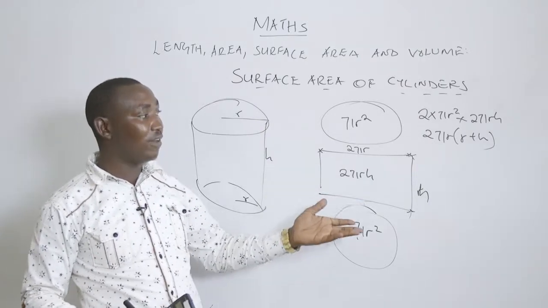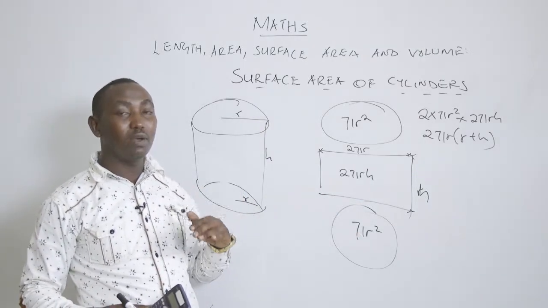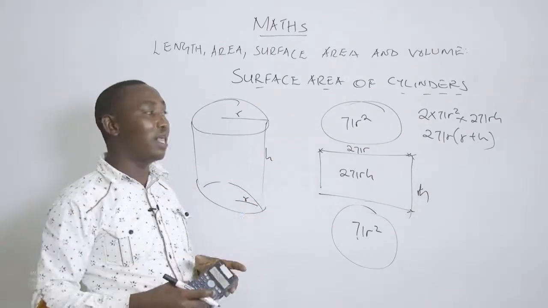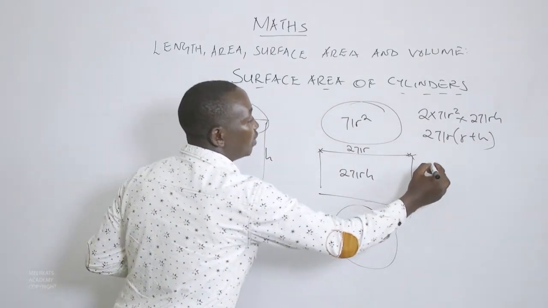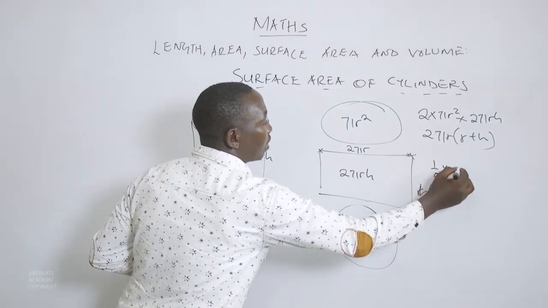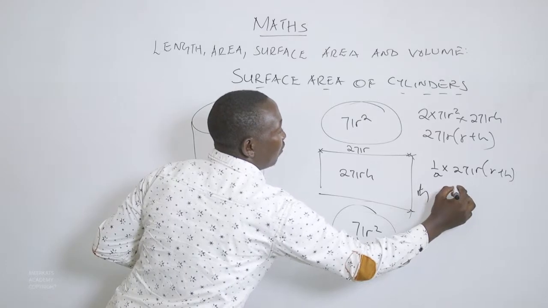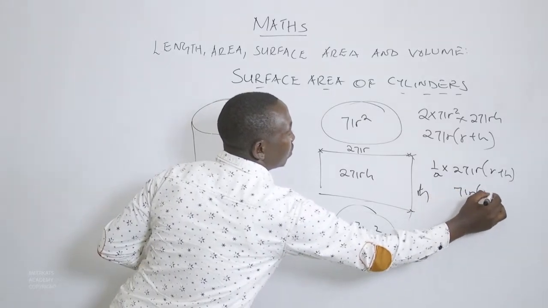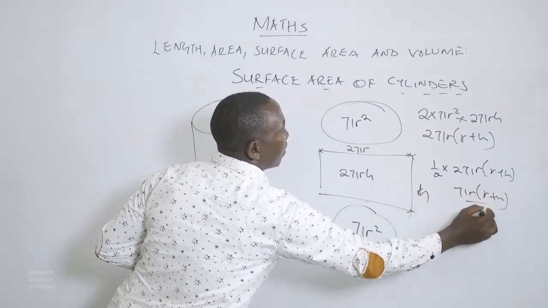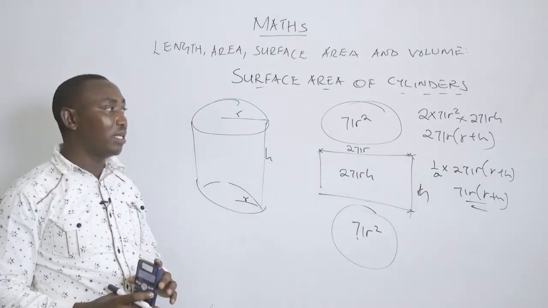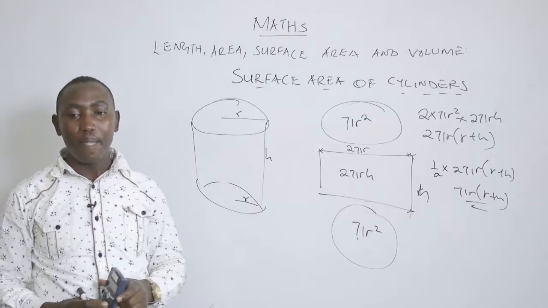Then if you have half a cylinder and we are only considering the curved surface and the two semicircles at the ends, you multiply this by a half, which will give you pi r into r plus h for the total surface area of a semicircular cylinder.